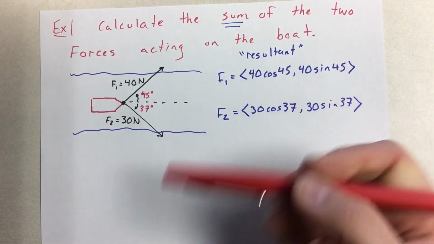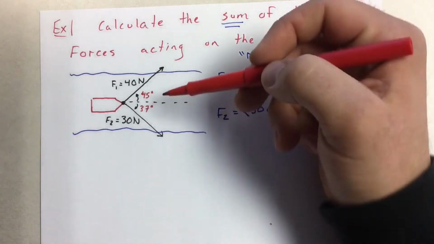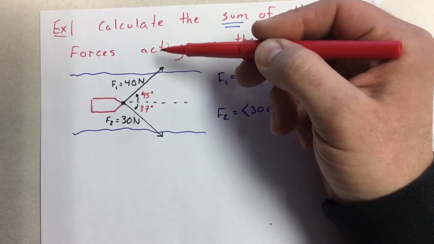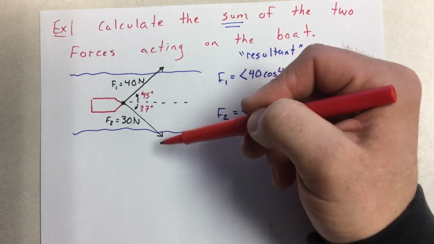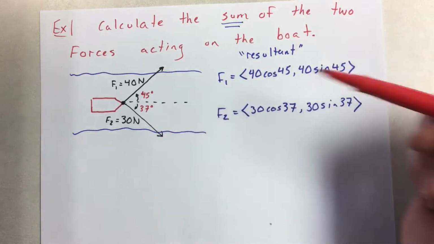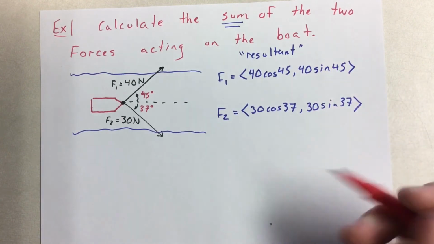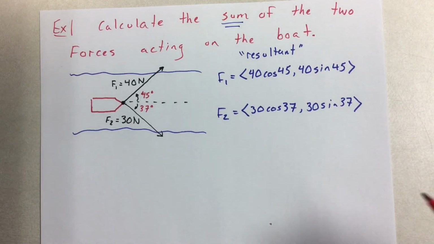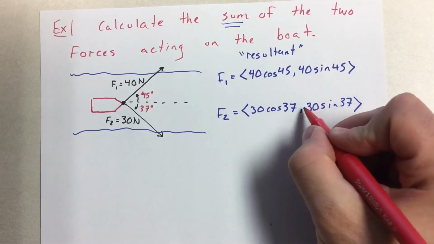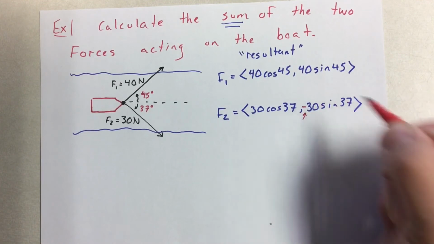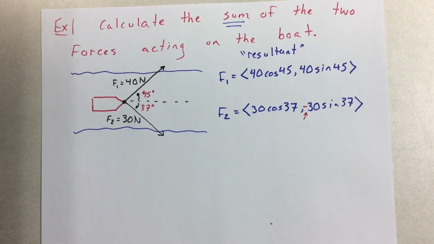But our vertical components, because one is pulling towards this side, and the other's pulling towards this side, one of these vertical forces will have to be considered negative because they're going in opposite directions. So we're going to throw a negative right here on this 30. Again, because they're going in opposite directions. Just know that.